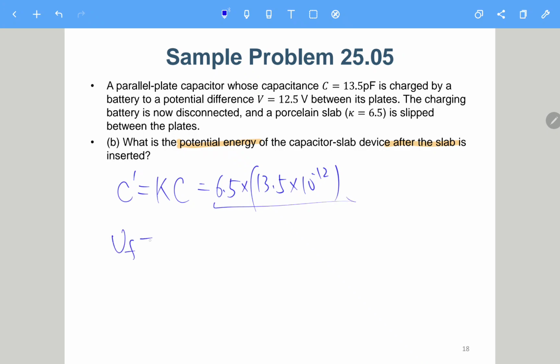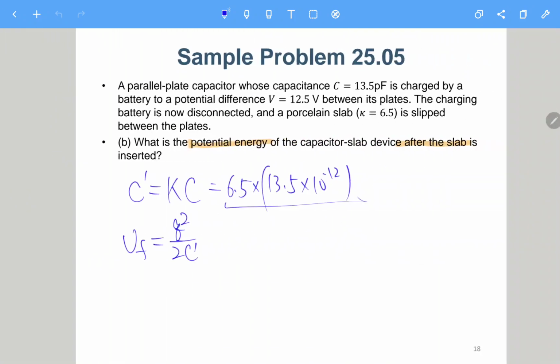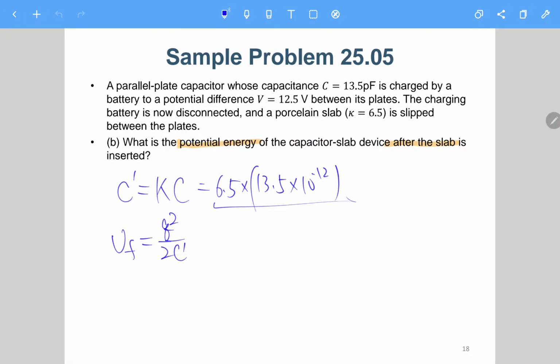Finally, Uf should be 1/2 C prime V squared, or we can use the other one, Q squared over 2 C prime. We use this one because we already changed C, so we still need to calculate it.